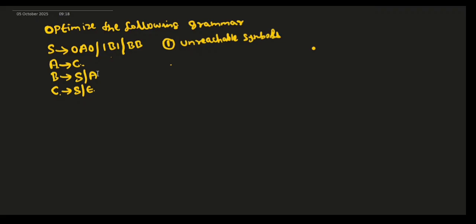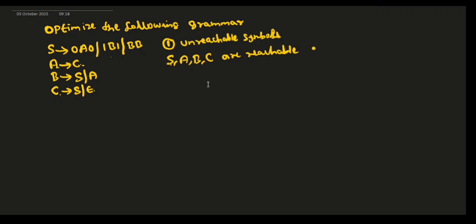So when we closely check this, all these non-terminals, S, A, B and C, are reachable symbols. So there is no need to eliminate any of them.